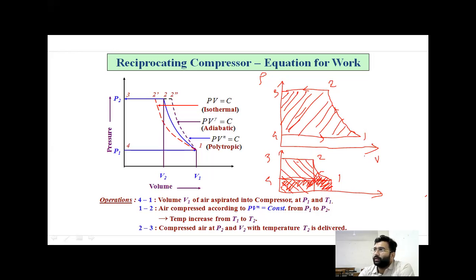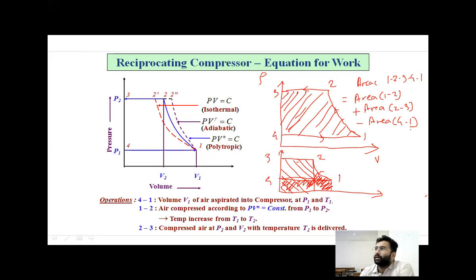What I'm saying is, we are interested in the area 1 to 2 to 3 to 4 to 1. This area is nothing but the area under curve 1 to 2, plus the area under 2 to 3, minus the area under 4 to 1.